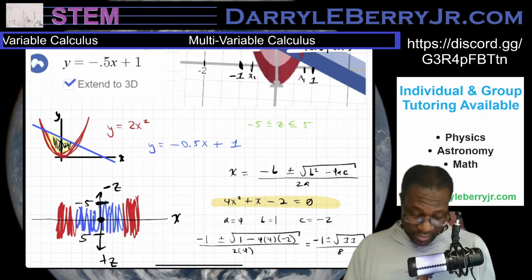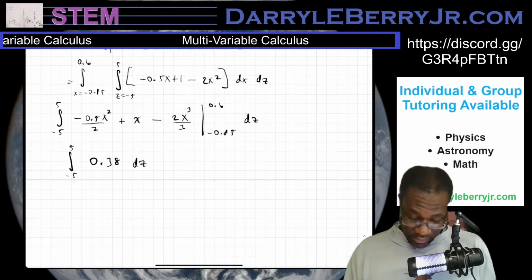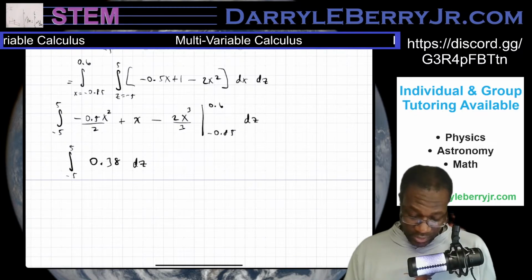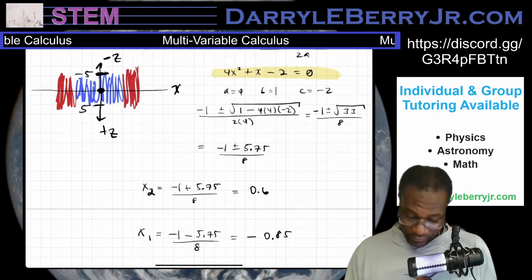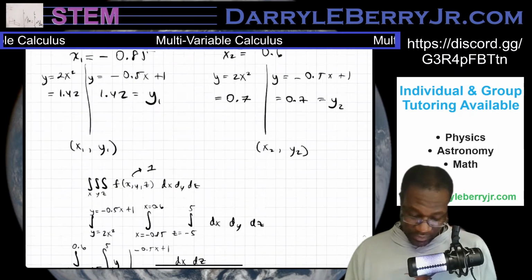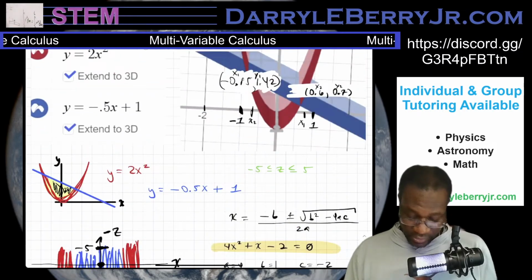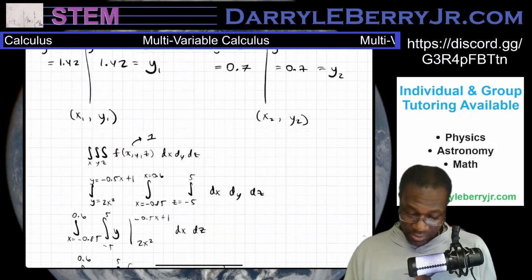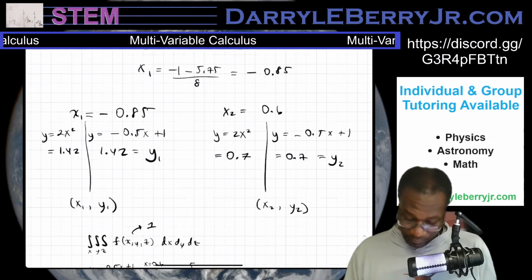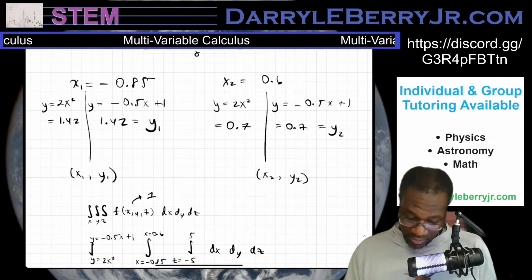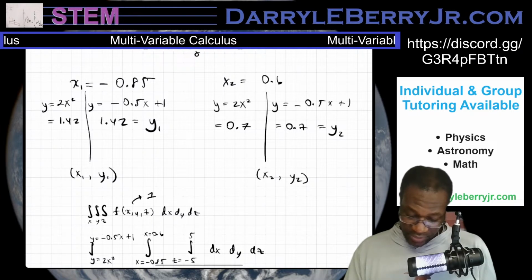So this would be the area of just this. The area right here is 0.38. Well, I didn't take units, but if this axis is in meters, then it'll be 0.38 meters is the area of this, right? Which seems reasonable. You're going from negative 0.85 meters on the left to 0.6 meters on the right.